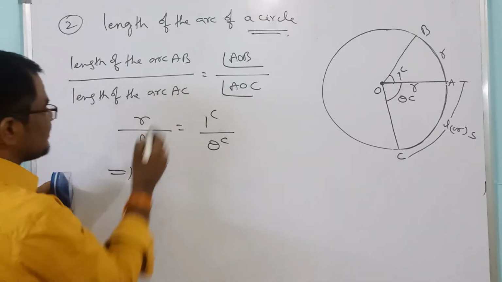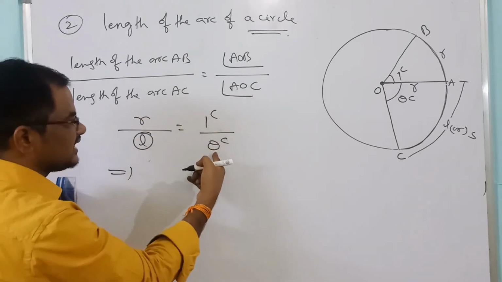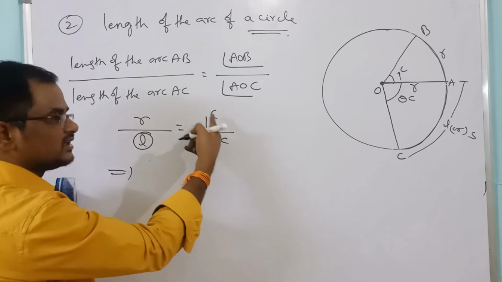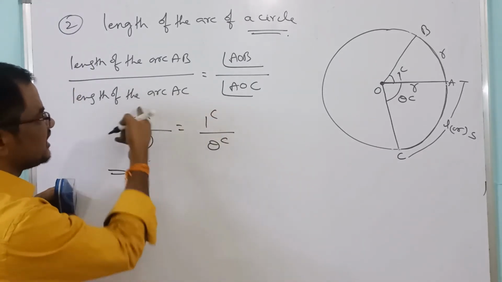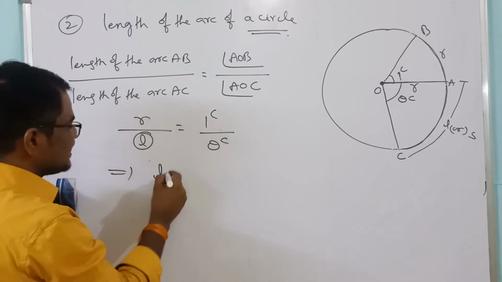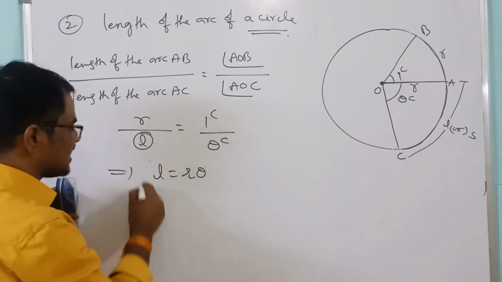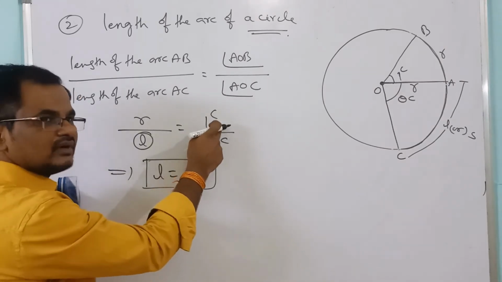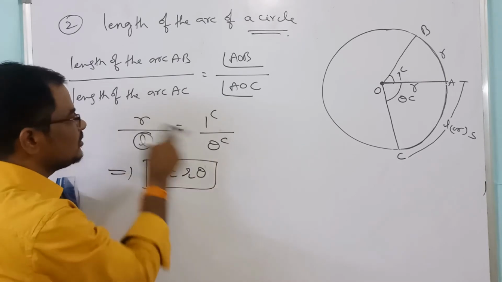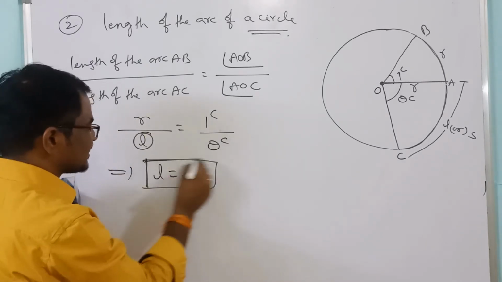So what is our requirement? L. So cross multiplication here, 1 by theta radians means 1 by theta. What you will get? L equal to R theta. Cross multiplication, L into 1 radian, so L equals R theta. So this is the length of the arc formula.